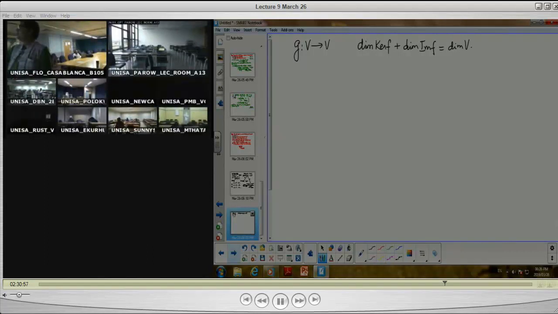G is injective immediately tells me that the dimension of the kernel is 0, so this says the dimension of the image of G is equal to the dimension of F. And this is the same thing as saying that the image of G is equal to F, because there exists only one subspace of any vector space whose dimension is equal to itself.